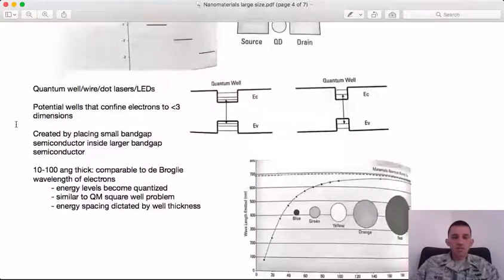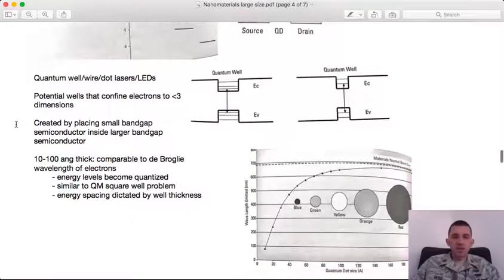We also see quantum effects at the nanoscale with regards to the energy band structure and the resultant optical properties. If you recall earlier, I talked about the electron in an infinite potential well, and how in that well it created discrete energy levels. If you take a semiconductor material and sandwich it between a different semiconductor material, if the material inside the sandwich has a smaller band gap than the outside, it forms a potential well.